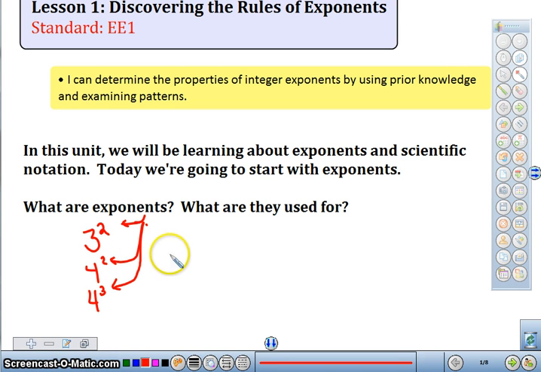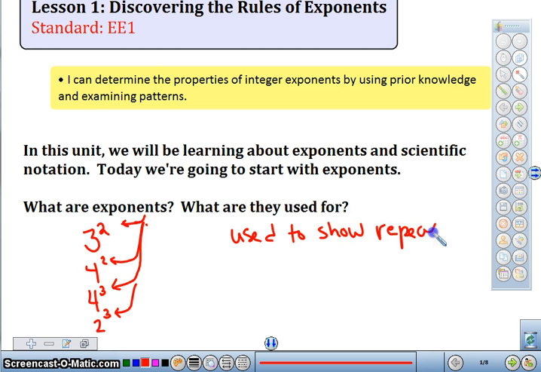Now, sometimes people like to say it's the smaller number, but if I have 2 to the third, it's not really the smaller number, it's the number that's up above. So, what does that exponent do? The exponent is used to show repeated multiplication.